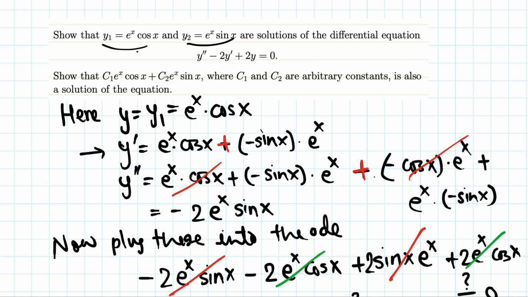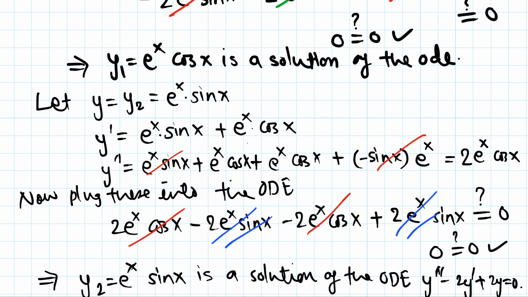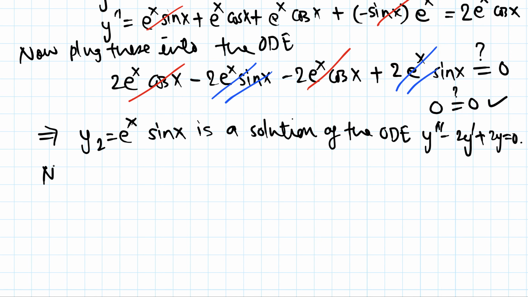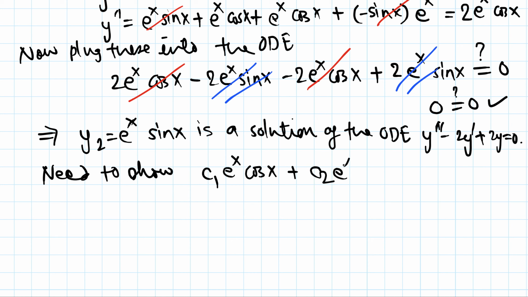So what I'm going to do is, we need to show, let me write, I need to show C1 e to the x cosine x plus C2 e to the x sine x is a solution of the ODE.